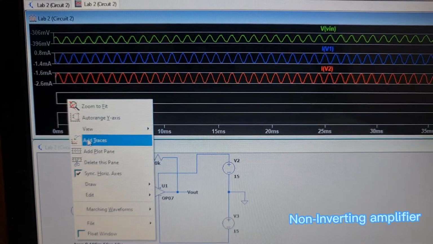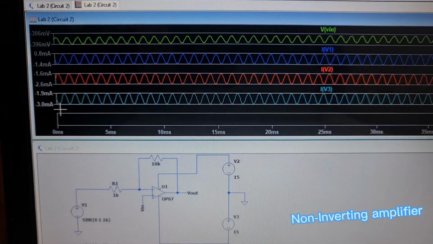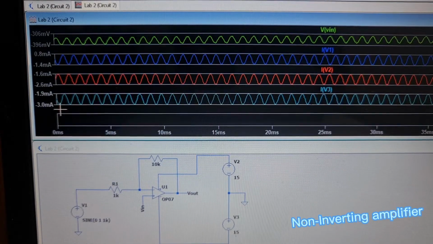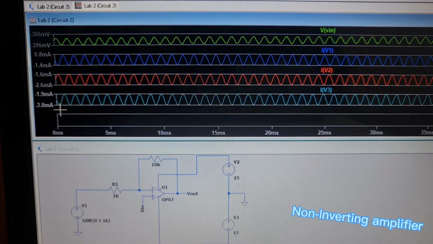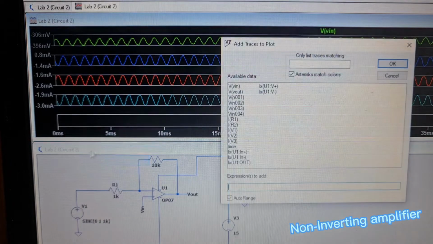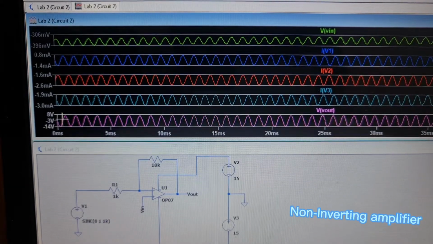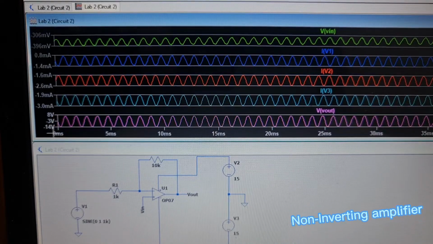Now we'll be looking at I(V3), which is negative 1.9 milliampere to negative 3.0 milliampere. And lastly, we'll be looking at Vout, which ranges from 8 volt to negative 14 volt.